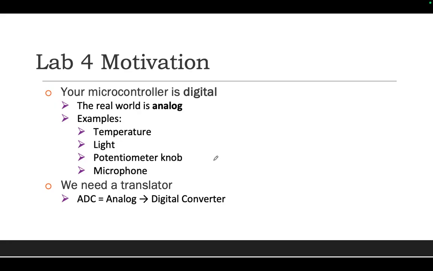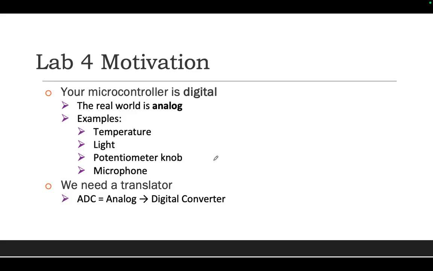We try to turn on the LED, try to read the button. But the real world is analog. Like I said, the temperature, the pressure, anything in the real world is analog. So if our Pico W wants to read these analog signals, how can we do that? This is some examples.